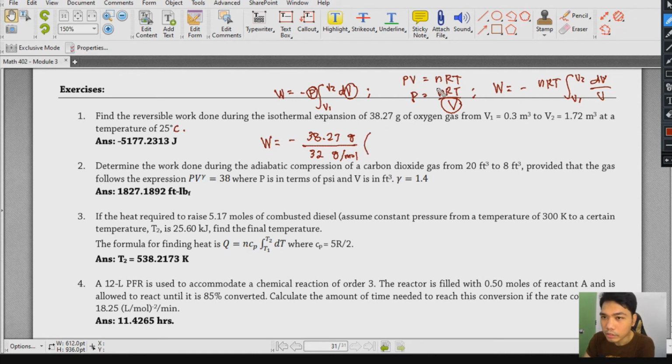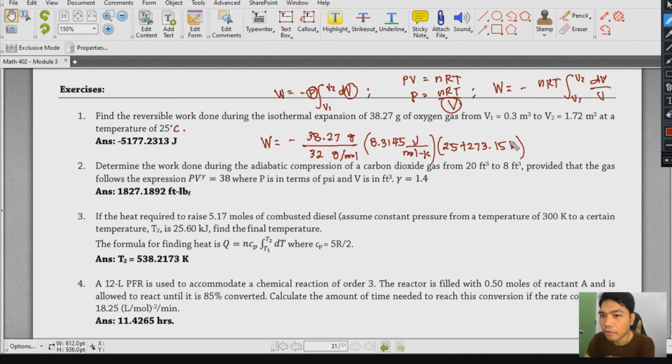And then what is our R? Since we have cubic meters, moles, and Kelvin here, we have to use our R, which is 8.3145 joule per mole Kelvin. Since we're dealing with work, it is a lot easier for us to use this R. And then the temperature is 25, so you convert this to Kelvin: that's 25 plus 273.15 Kelvin.